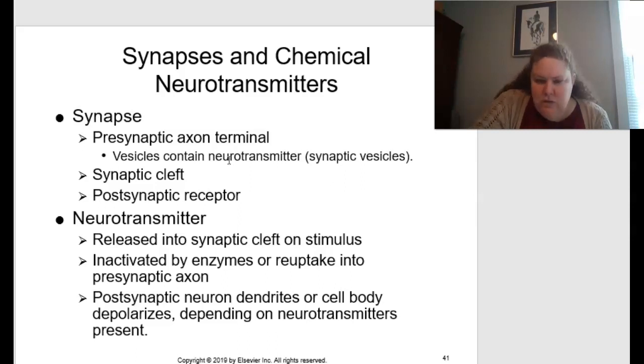Well, it's going to be released into the synaptic cleft on the stimulus. It's going to be inactivated by enzymes or reuptake into the presynaptic axon. We also have postsynaptic neuron dendrites or cell bodies that can depolarize depending on the neurotransmitters that are present. All of this is going to be talked about again on pages 333, 334 and 335.